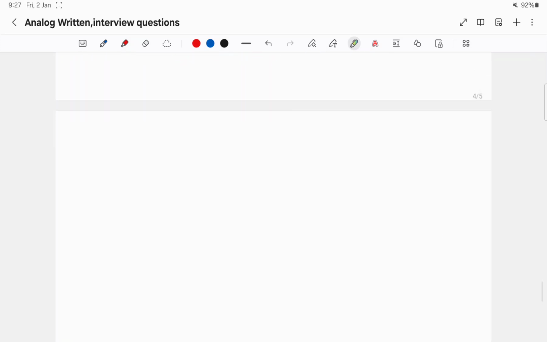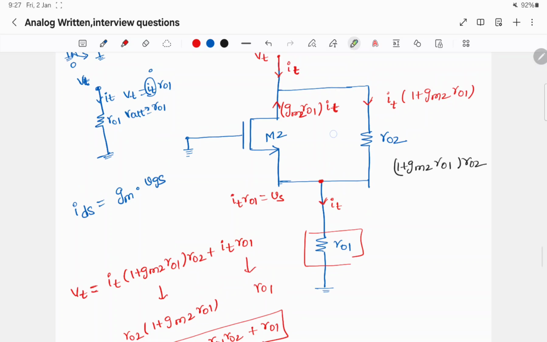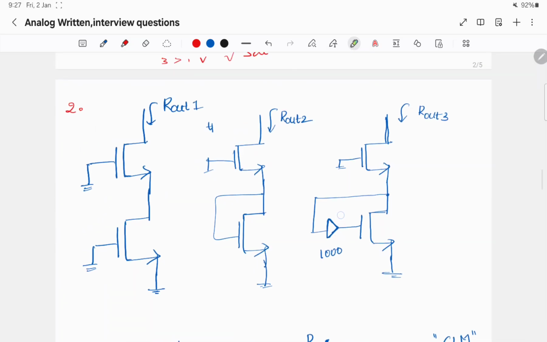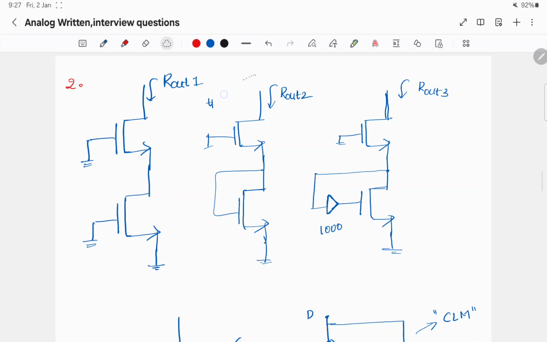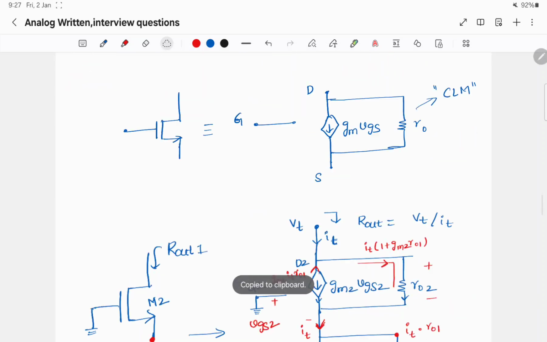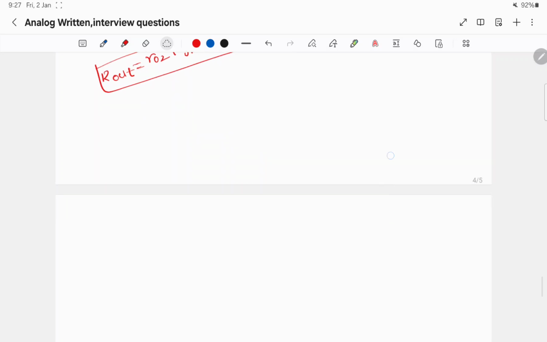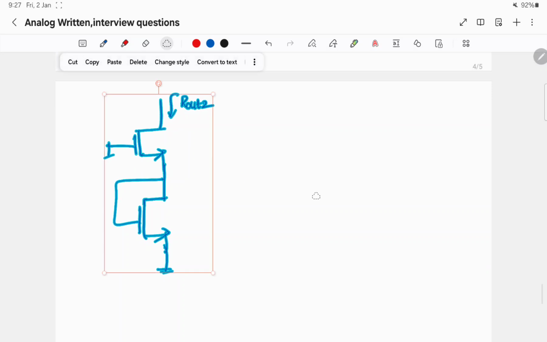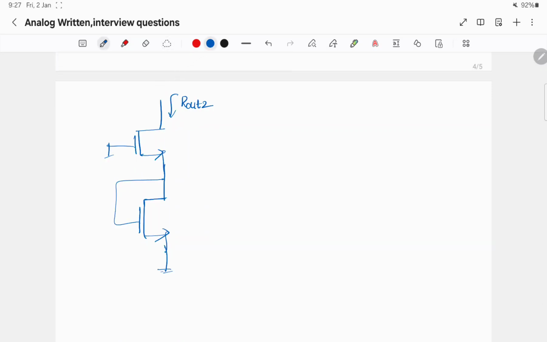So while going to the second question, this now becomes easy since we solved this. Now we know the format.